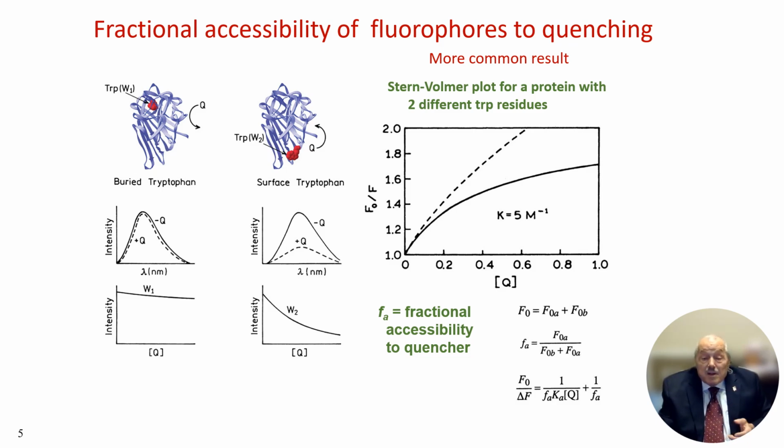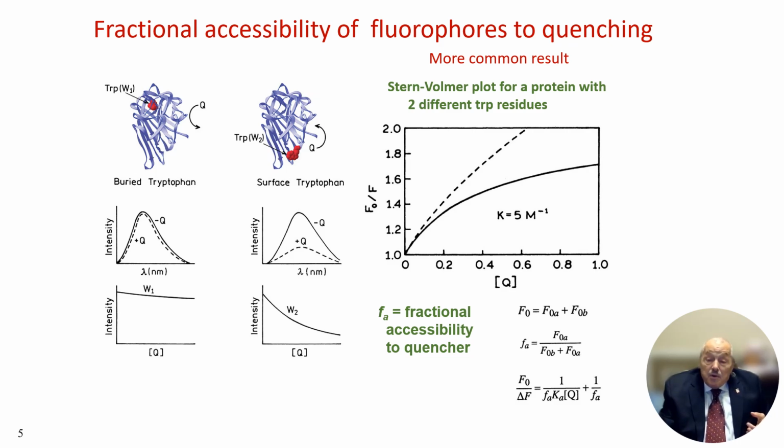Now, the much more common result is that we have two tryptophan residues, and they're both accessible to quenching, but to different extents. And when this happens, what I should have had here is a picture with two tryptophan residues, but let's just imagine we had a mixture of these two, or we had a protein with both of these residues.